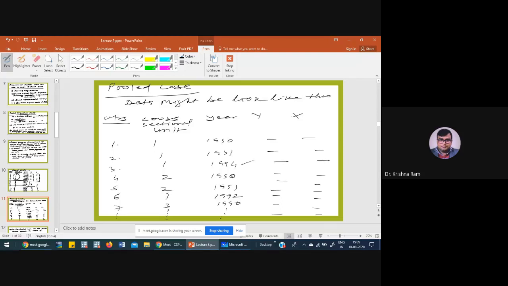Then we have the information for the second cross-sectional unit for two years, 1990 and 1991. Then again you have the first cross-sectional unit that we have coded with 1, with 1992 year data. So in the pooled case, again I am saying we do not bother about the sequence of our data set.